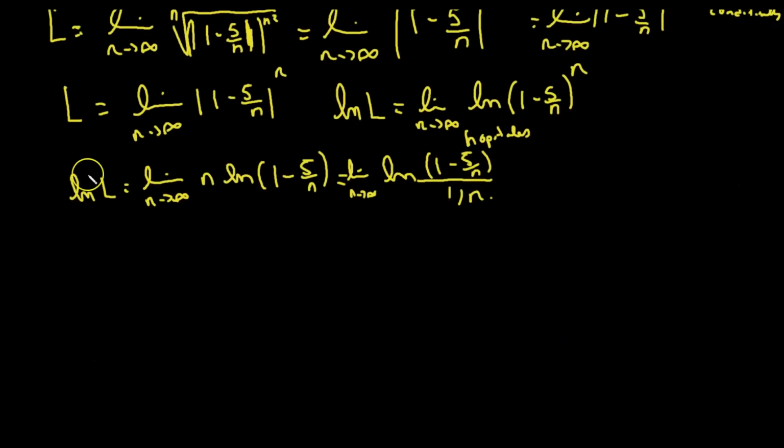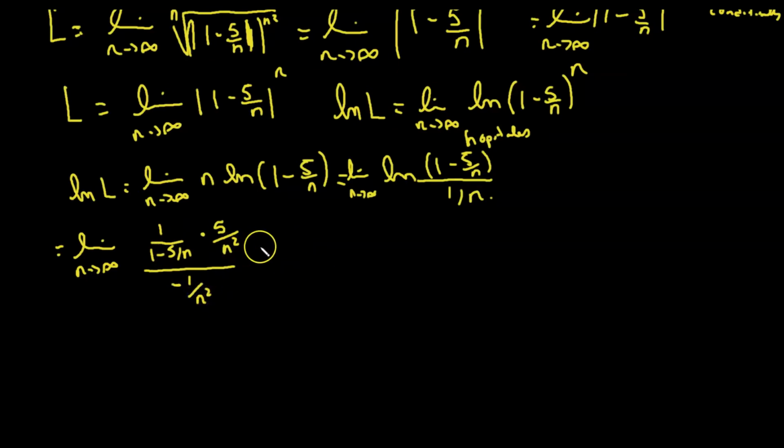So applying L'Hopital's rule, we get the limit as n approaches infinity of, the numerator will be 1 over (1 minus 5 over n), and I have to multiply that by 5 over n squared. The denominator derivative is negative 1 over n squared. That changes to the limit as n approaches infinity.